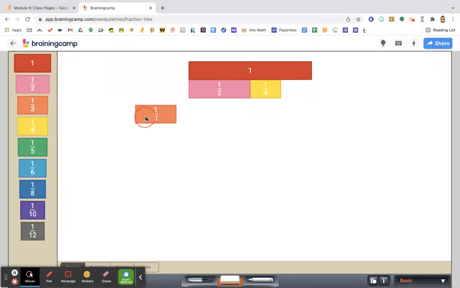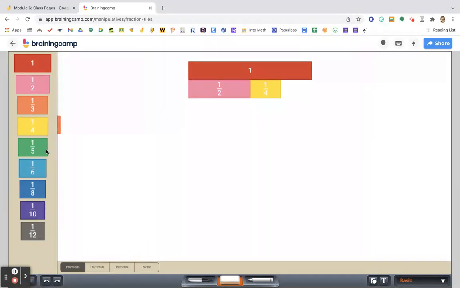If I do 1/3, again, it's not going to work. If we do 1/4, we can do that. So that works. So we have 3/4 here.